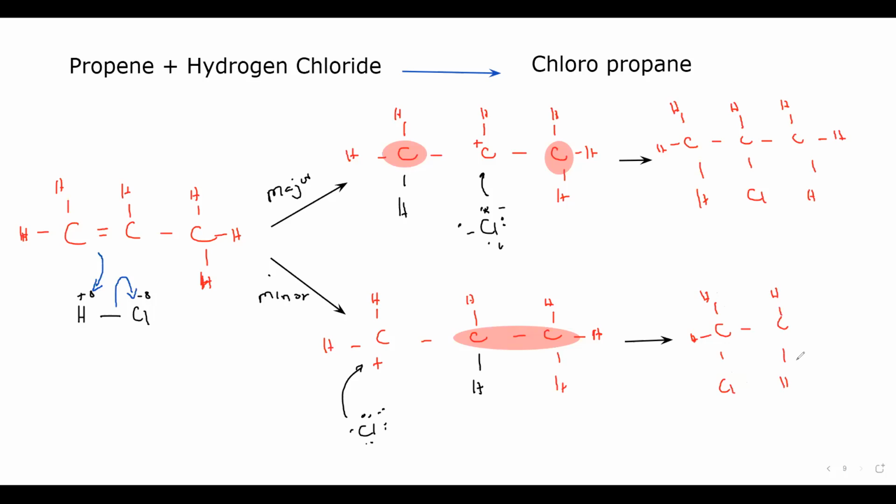So in exam they ask to state the major product and minor product. What is the major product, the final result? That is 2-chloropropane. 2-chloropropane will be the major product. And what is the minor product?